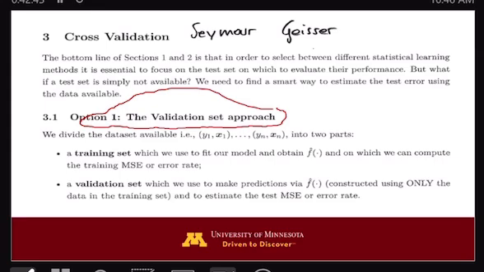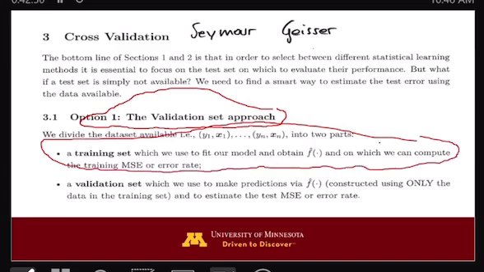Now, the intention here is we obtain an estimate of the function using the training set. I'm going to say that again. We get the estimate of the function using the training set. Then we can calculate its mean square error if we are dealing with a prediction problem.